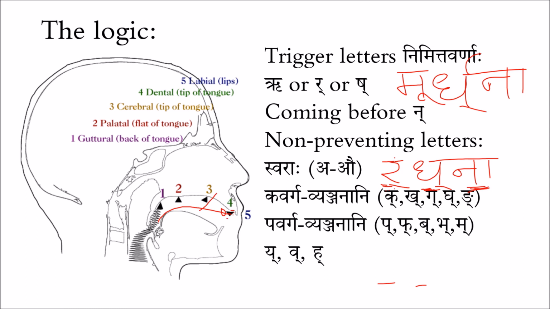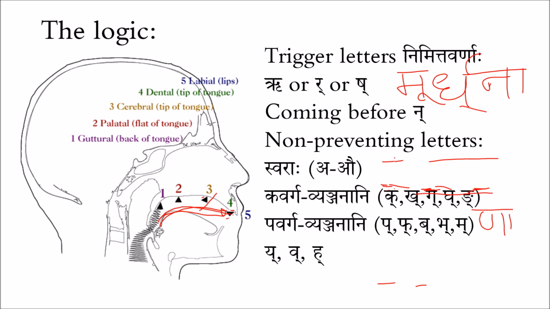So na is already here, and we can just say murdna. When you try to say it with murdhanya ṇa, it will be much more difficult. So we don't want to change it to ṇa here. In this case, the dantya na remains na because it is much easier, because of the shape of the tongue, which is already naturally there.